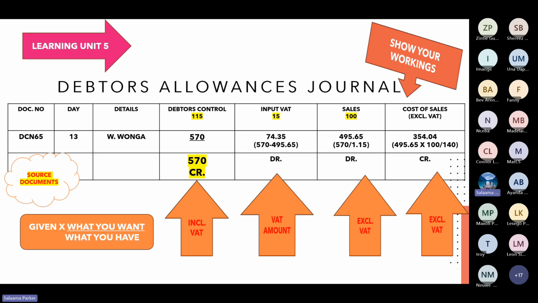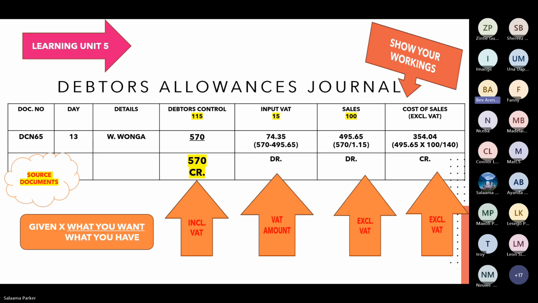So that was our, yes, Bev. Hi, I just want to say to everybody, I always tell my students, always check your sales amount can't be bigger than your debtors control amount. So just check what you've actually written in your journals and does it actually make sense?